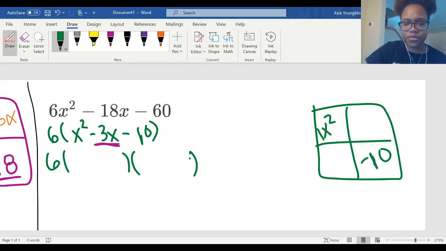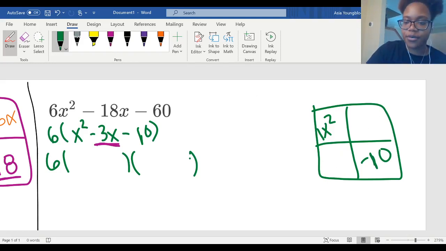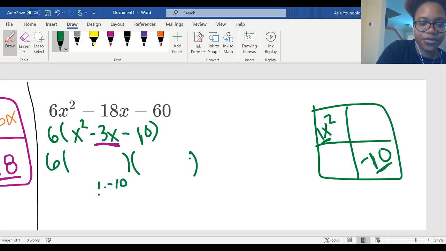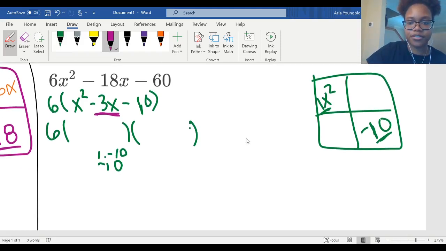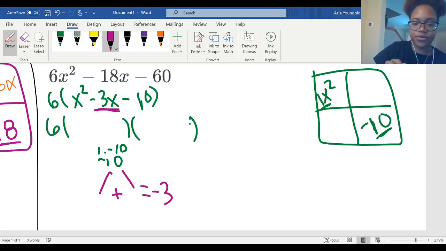Okay. So we are going to try to break up this negative 3x between these 2 boxes, but we have to make sure that when they're multiplied together, they equal these 2 numbers as well. So we're looking for 2 numbers whose product is 1 times negative 10, which is negative 10, but add to equal negative 3.